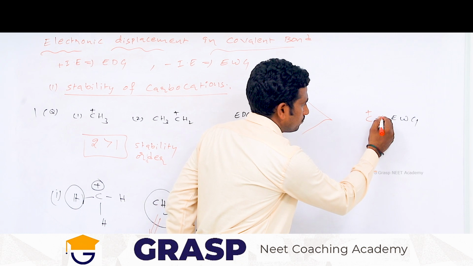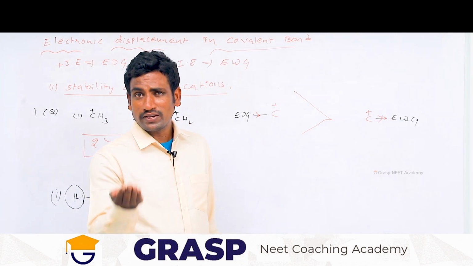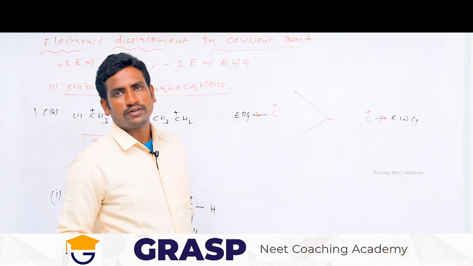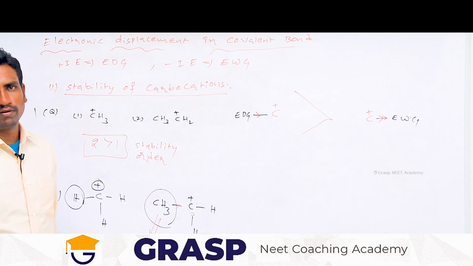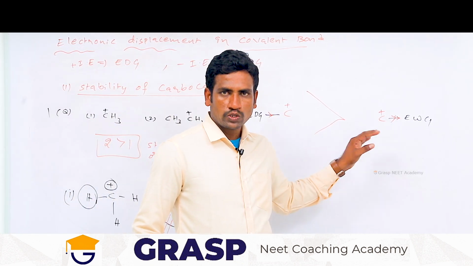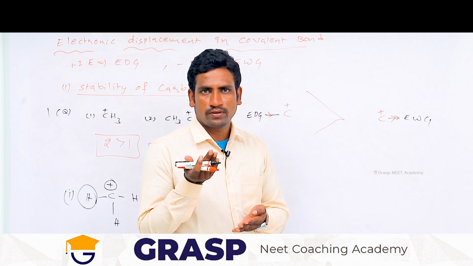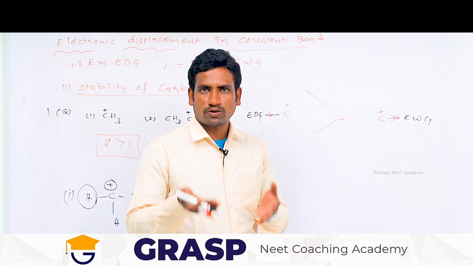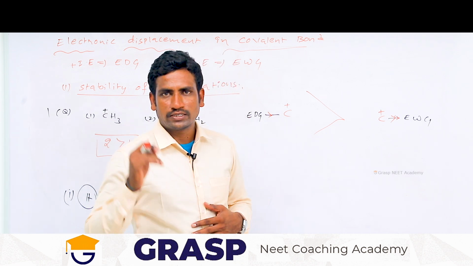Ultimately what happened? The positive charge increases on the carbon, so it is unstable. When it becomes neutral, that is stable. Because of the electron withdrawing groups, the positive charge ultimately increases. Once positive charge increases on the carbon atom, it is going to destabilize.